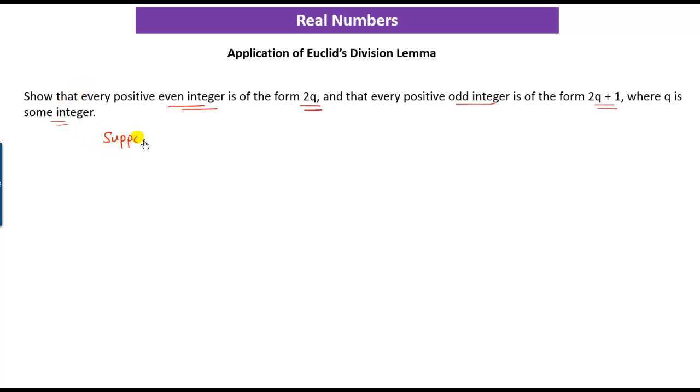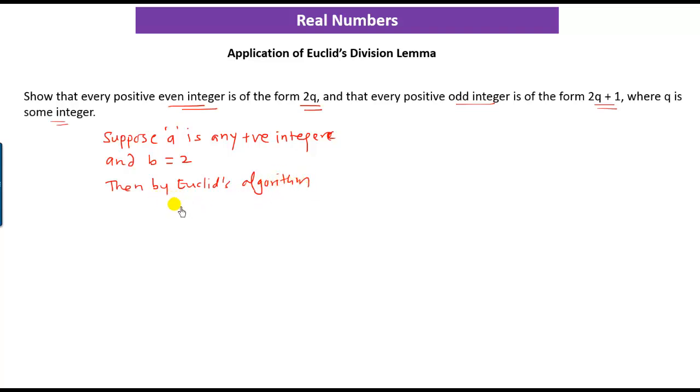Suppose a is any positive integer and b is equal to 2, then by Euclid's algorithm, we have a is equal to 2q plus r, where 0 is less than or equal to r and r is less than 2, because b is 2.